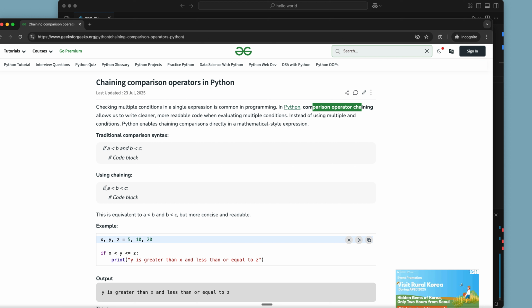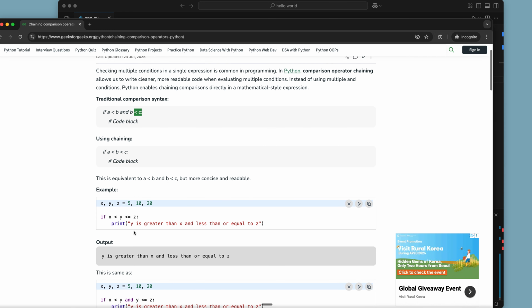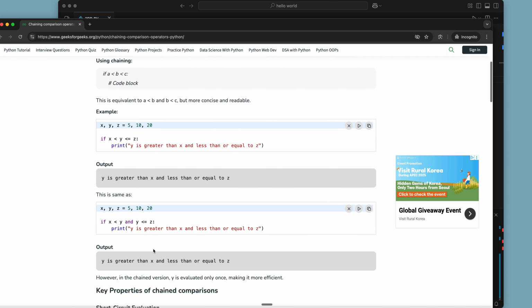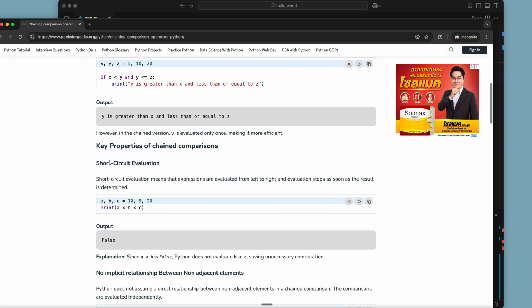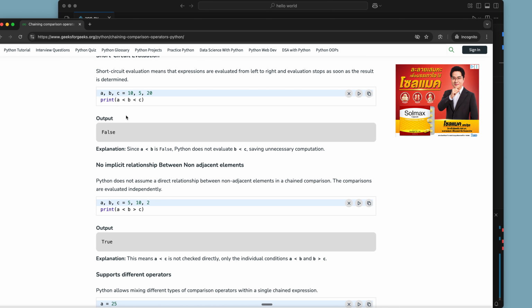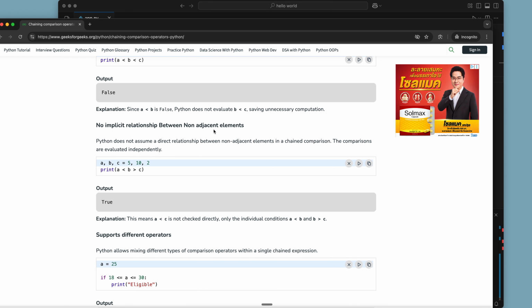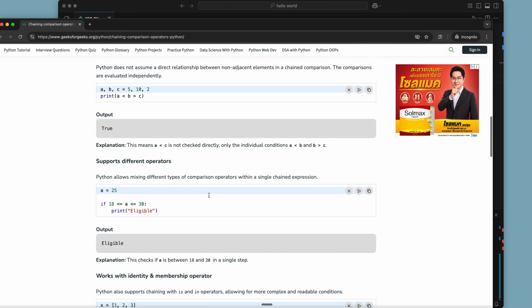So here we have if A is less than B and B is less than C. Okay, and this is the same as if A is less than B and B is less than C. Makes actually a lot of sense. Short circuit evaluation. Okay, if one of the conditions is either true or false, it stops immediately. Okay.